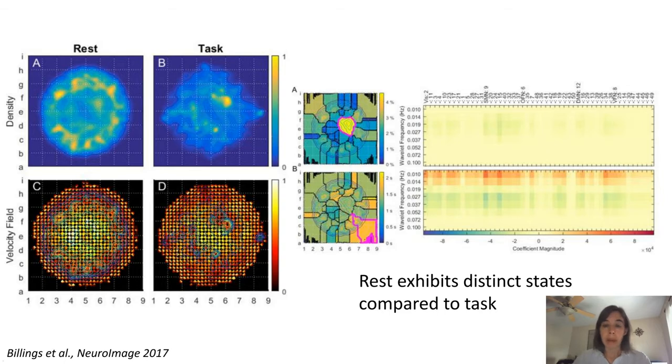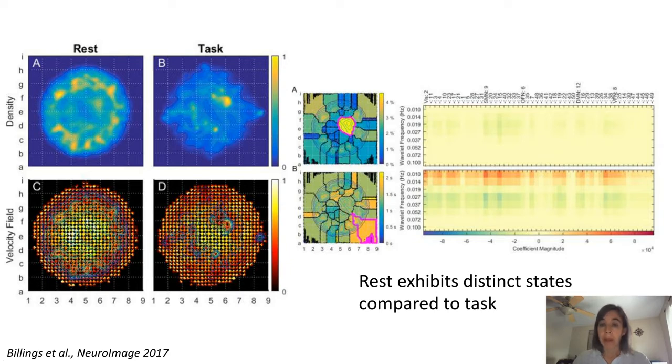So on this slide, at the top left, I'm showing the latent space that we got as the output of t-SNE for the rest scans and the task scans, shown separately in A and B. What we thought was really interesting is that there's not a lot of overlap. Yes, you can see some overlap between the task and the rest, which is not too surprising because rest is kind of an unconstrained task.